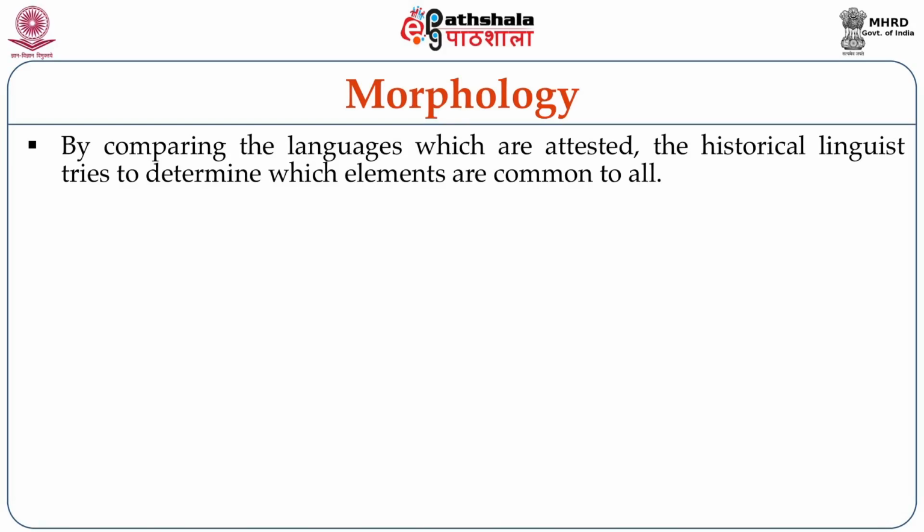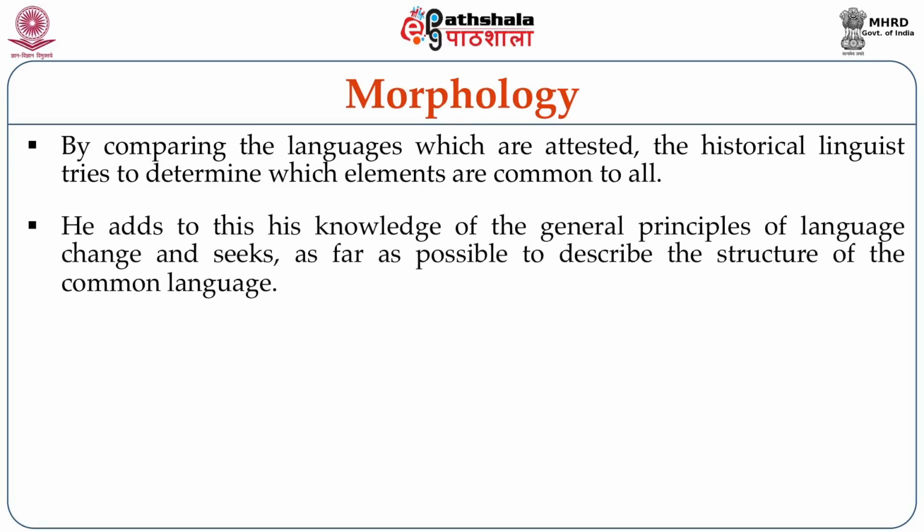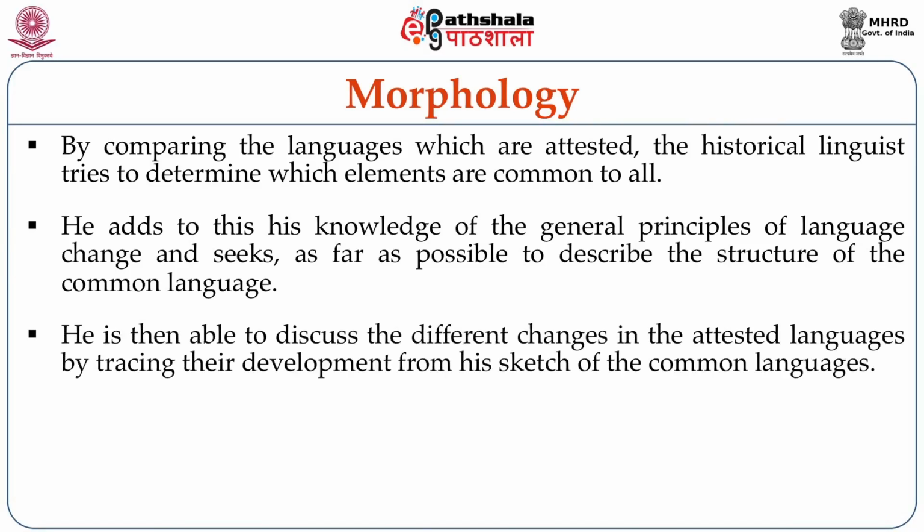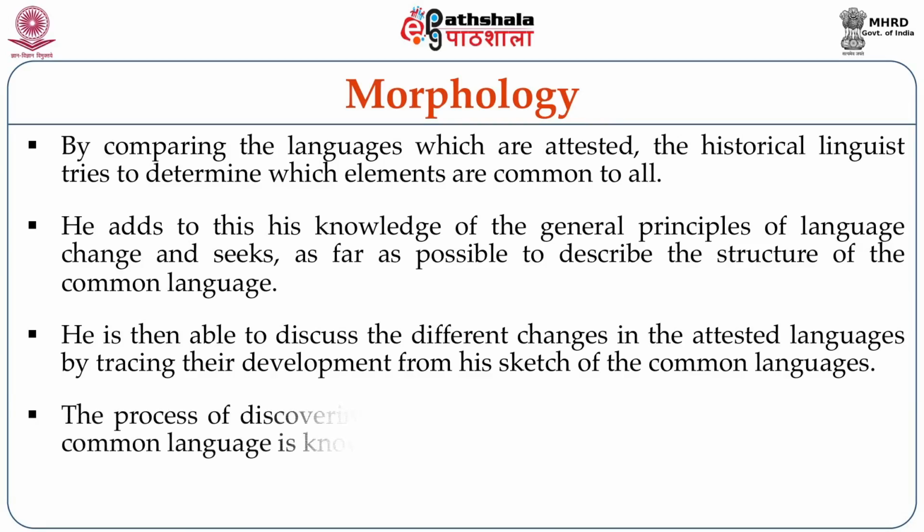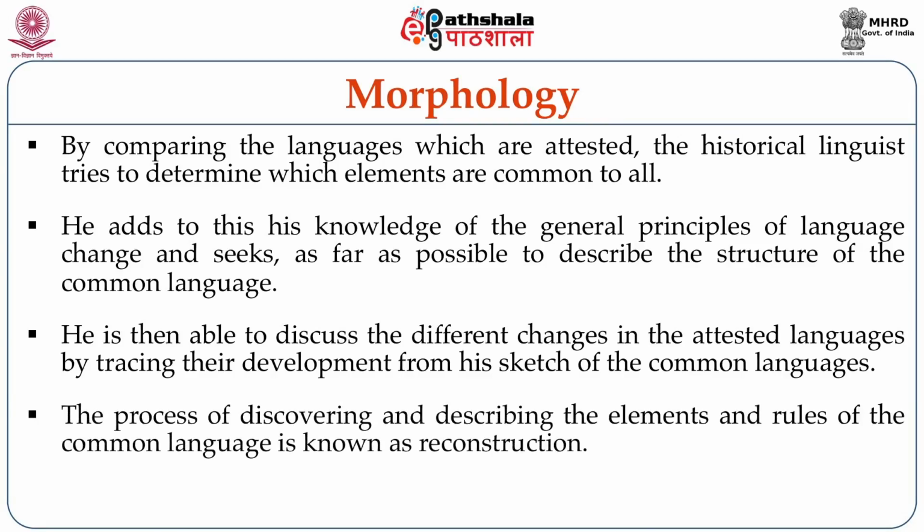By comparing the languages which are attested, the historical linguist tries to determine which elements are common to all of them. He then adds to this his knowledge of the general principles of language change and seeks as far as possible to describe the structure of the common language. He is then able to discuss the different changes in the attested languages by tracing their development from his sketch of the common language.